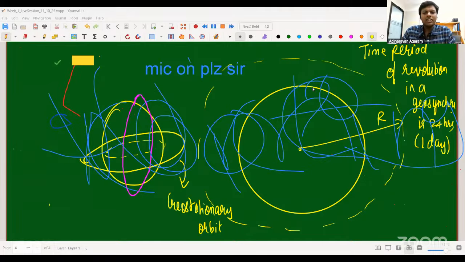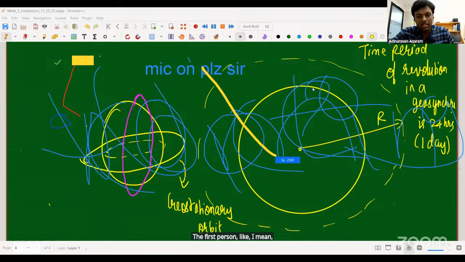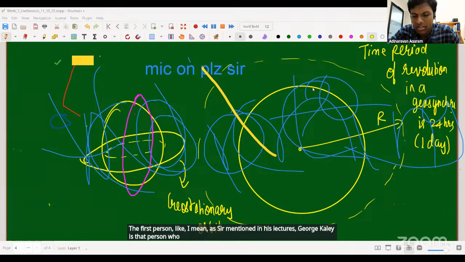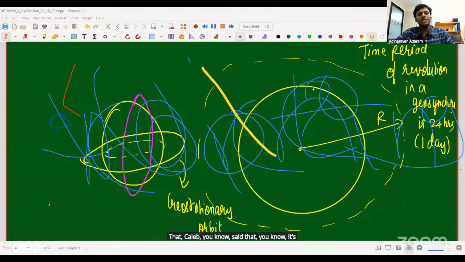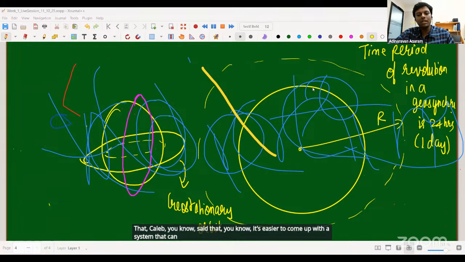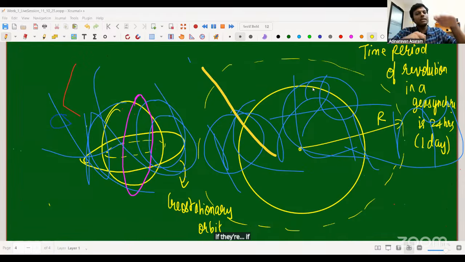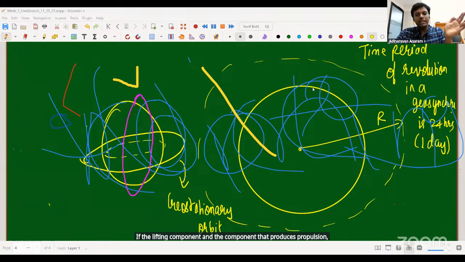It's kind of similar here. As Sir mentioned in his lecture, George Cayley said that it's easier to come up with a system that can fly as well as propel if the lifting component and the component that produces propulsion are separated.